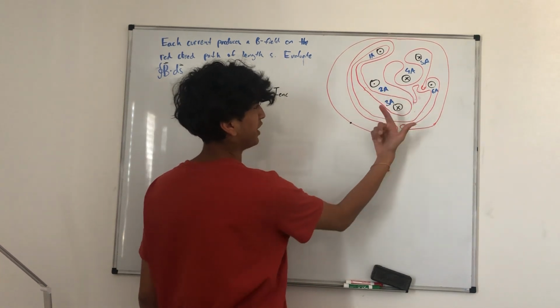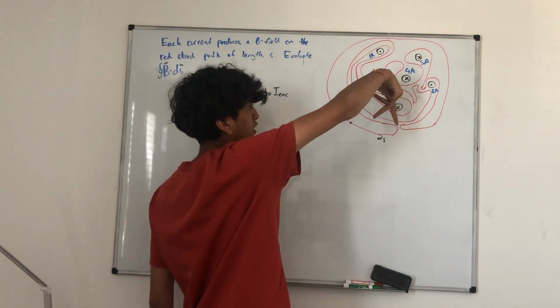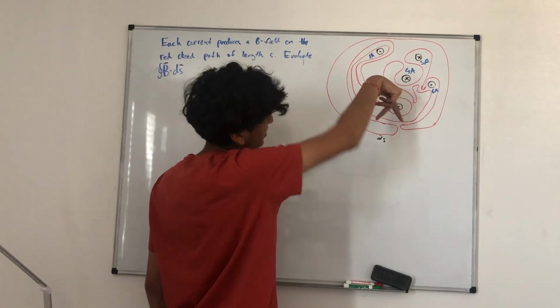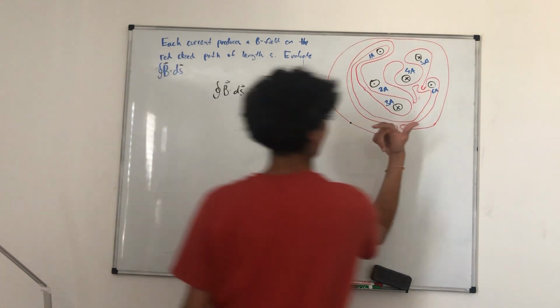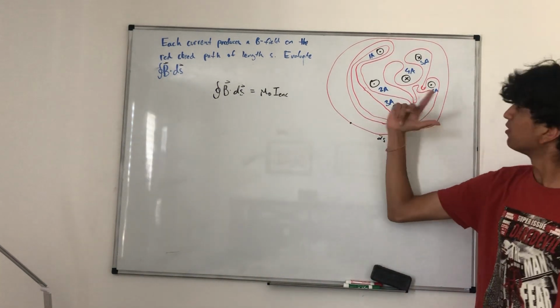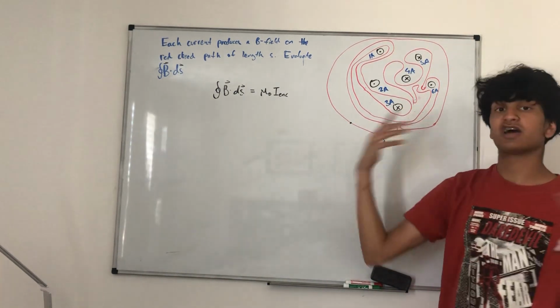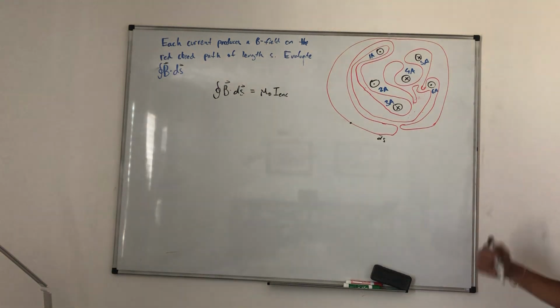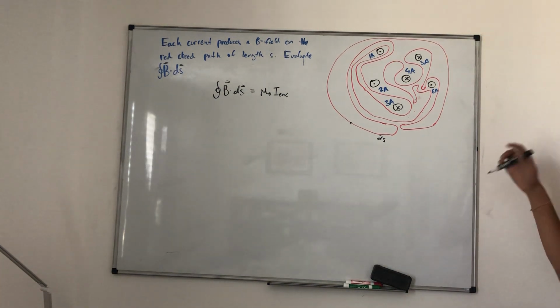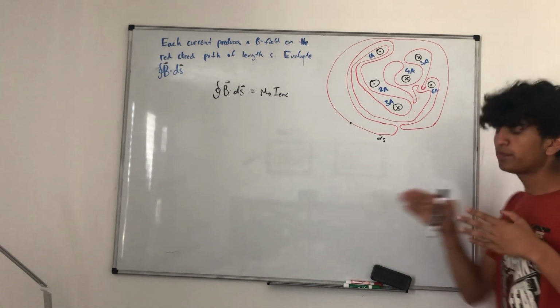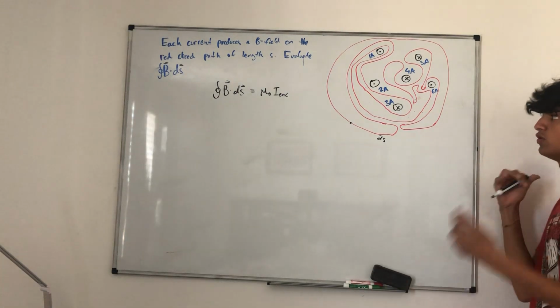If this was going out of the page, your B field would be in the opposite way. So you have to assign a direction: into the page could be positive, out of the page would be negative.